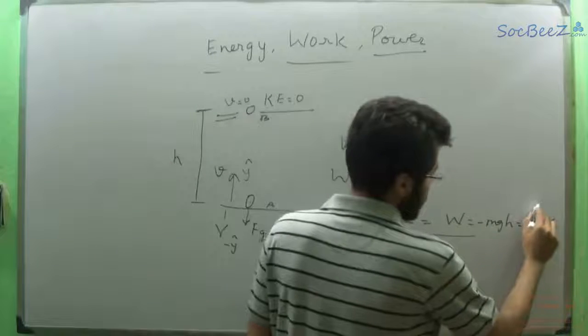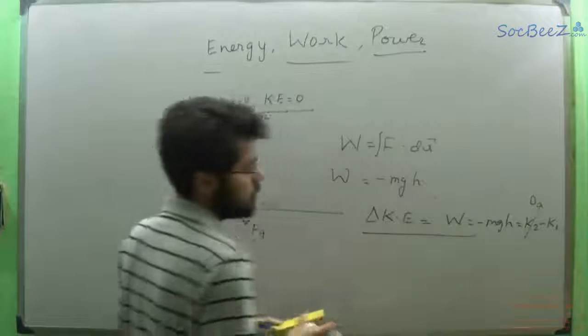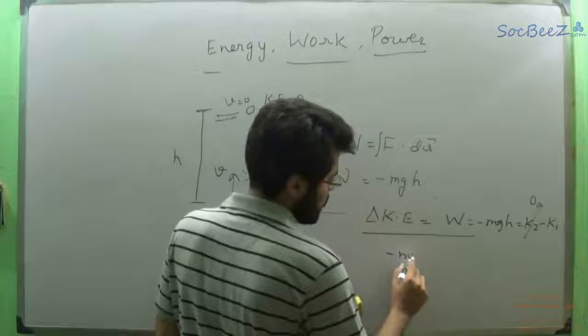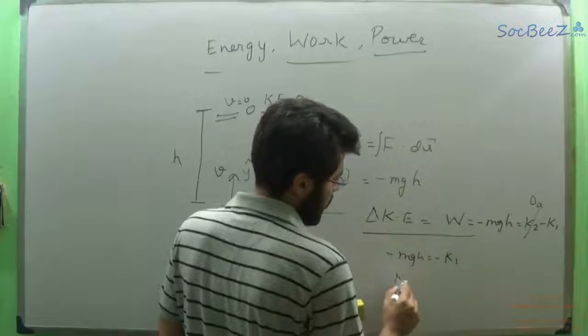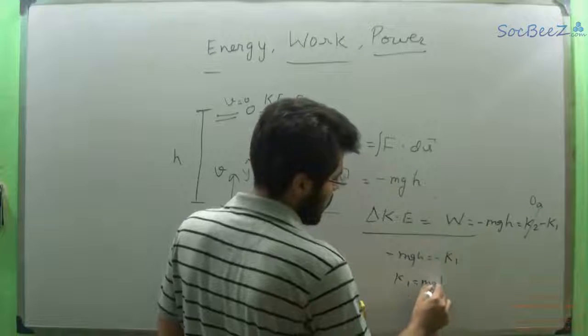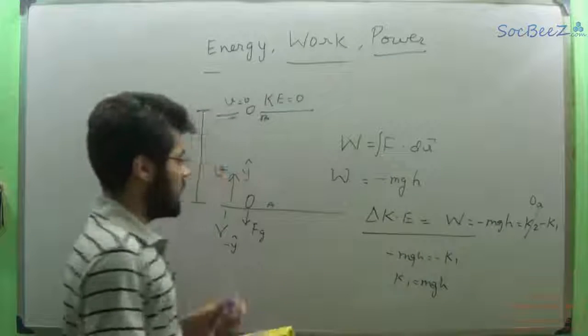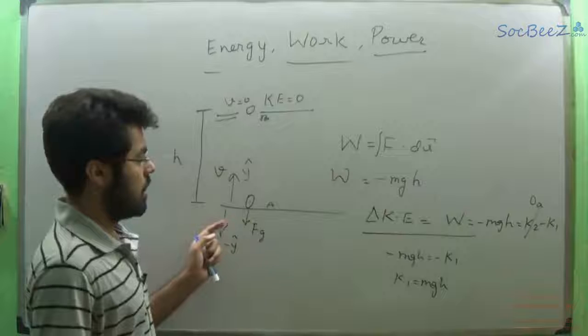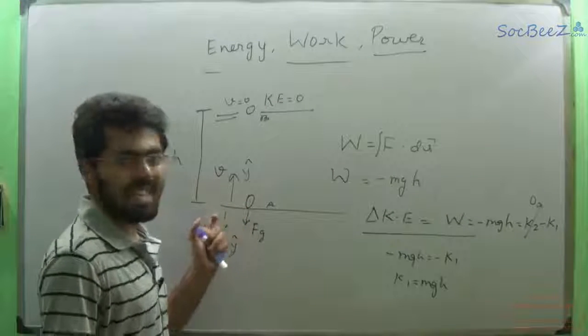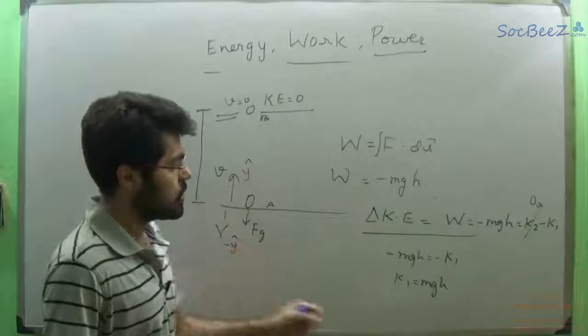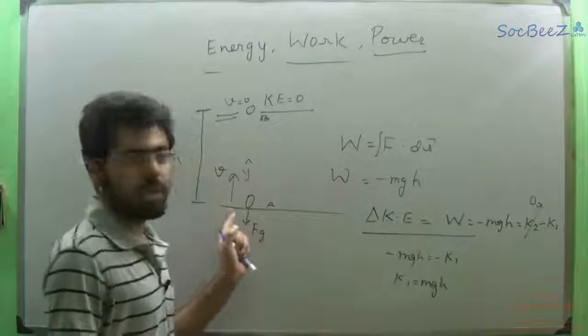It means k2 is 0. So minus mgh is equal to minus k1. That is, k1 is equal to mgh. So it means that at the initial point when velocity v was given to this ball, it has attained a kinetic energy of mgh at that particular point.